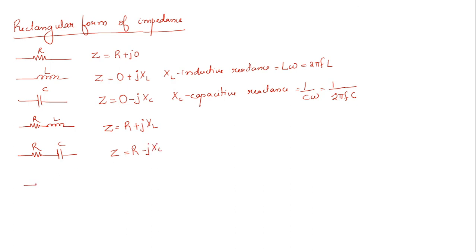And if we have a combination of these three, R, L and C, then our impedance value will look like R plus j into XL minus XC. So these are the ways of representing rectangular form of impedance.